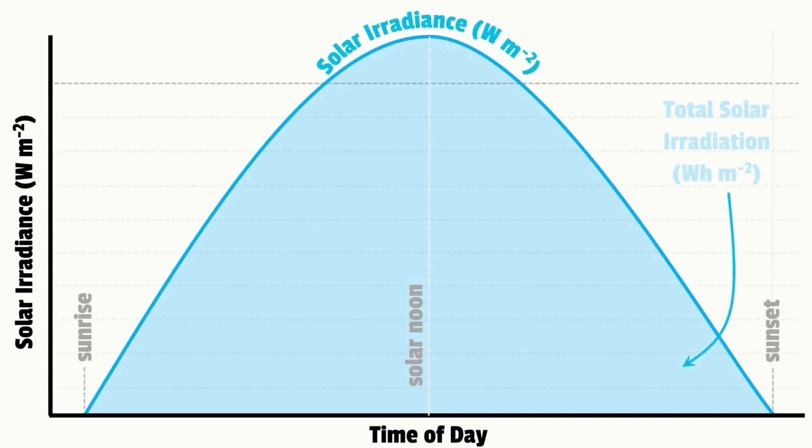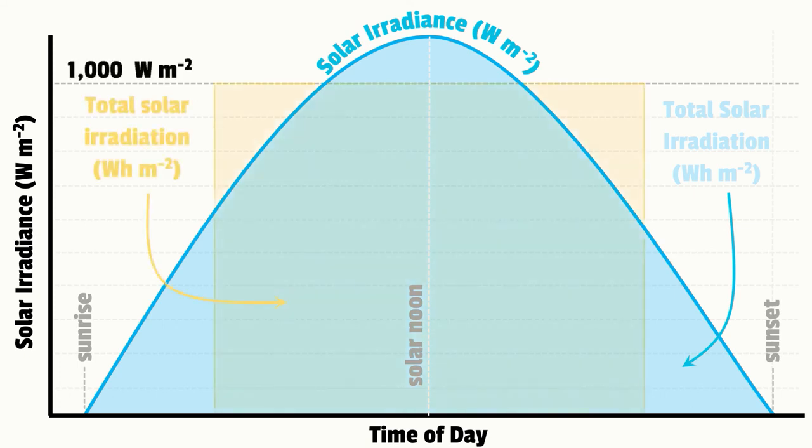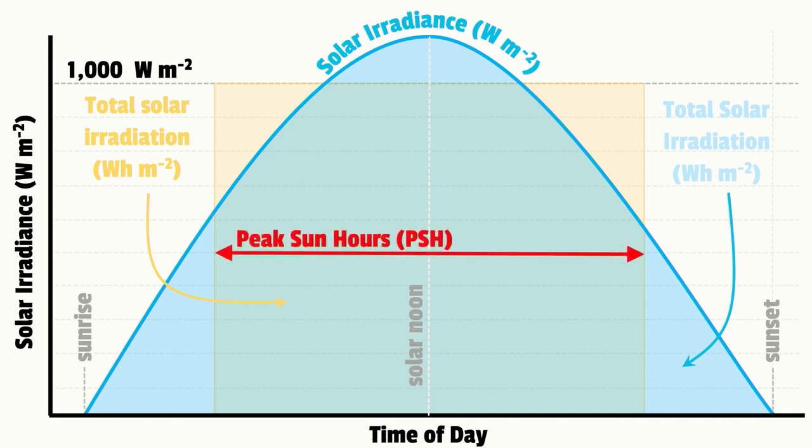While the actual plot of solar intensity over the day is a smooth curve, the concept of peak sun hours simplifies this math by compressing the solar curve into a rectangular block having a height of 1,000 watts per square meter. The width of this box then indicates how many hours the solar intensity is at 1,000 watts per square meter. This time frame, again, is known as peak sun hours.